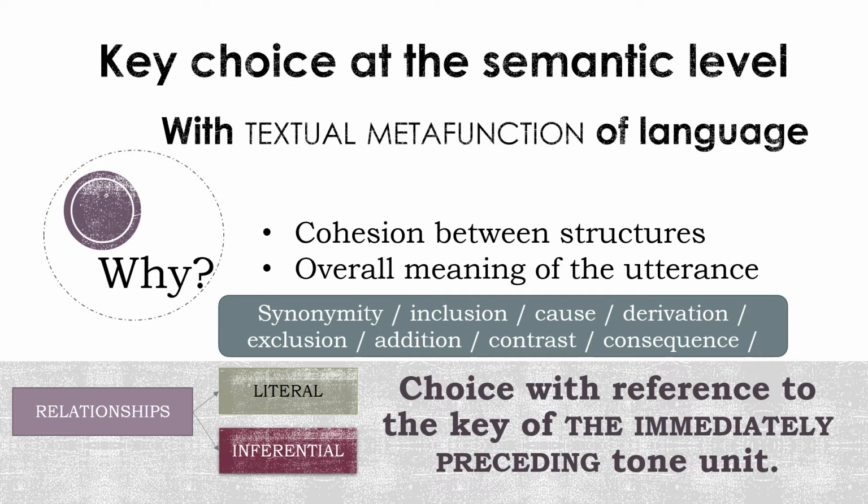What should be clear is that this choice of a semantic meaning is usually applied to the second tone unit, but in relation to the previous tone unit. So it's a sequential type of relationship there. So whenever we want to analyze key, we have to pay attention to the second tone unit, because it's the one where we're also going to mark key.